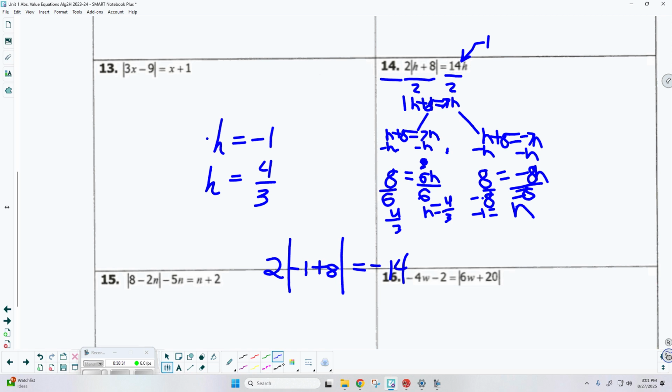Even if I divide through by the 2, which is a positive number, the absolute value is going to equal what? A negative. Absolute value can never give you a negative result. So I don't even need to go any further. I know that one doesn't work. But if you were to plug in the 4/3, that does. So this one only has one solution. And very possible it could be a fraction. That's okay.